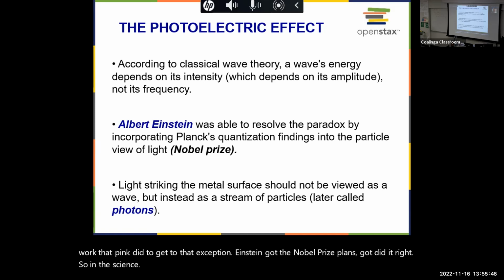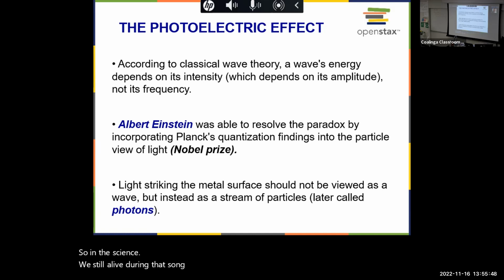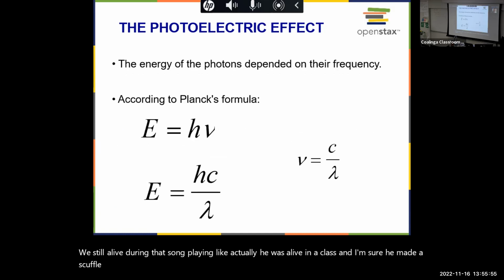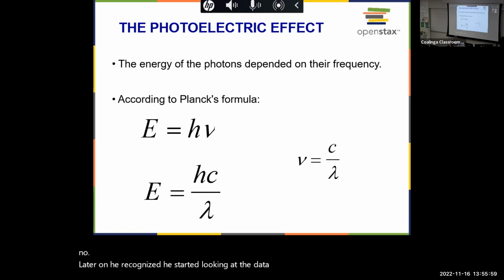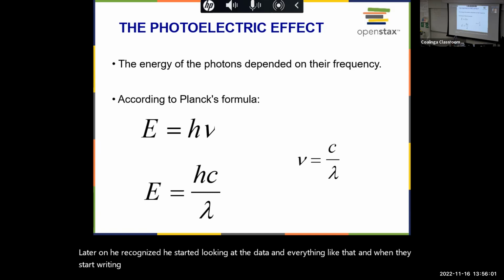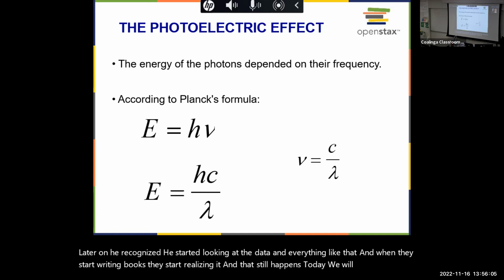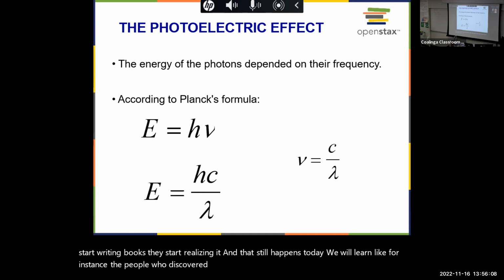Planck? Actually, I'm sure he made a scuffle, and they're like, no, it was Einstein. But later on, they start looking at the data and writing books, and they start realizing, and that still happens today. For instance, the people who discovered DNA, right?